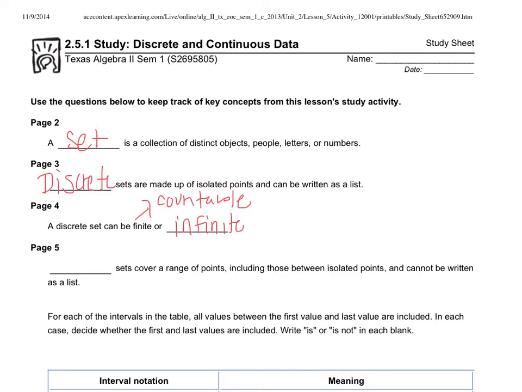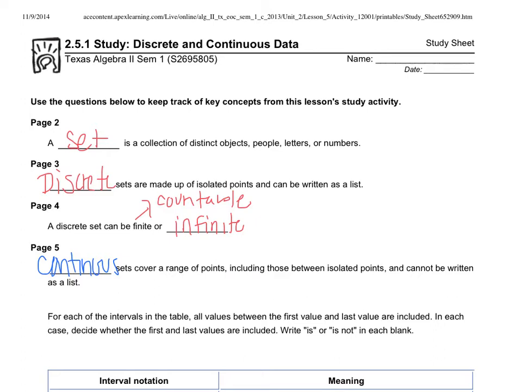The other option is that it's a continuous set. Continuous sets cover a range of points, including those between isolated points, and cannot be written as a list. Something continuous would be all the numbers between 1 and 2.